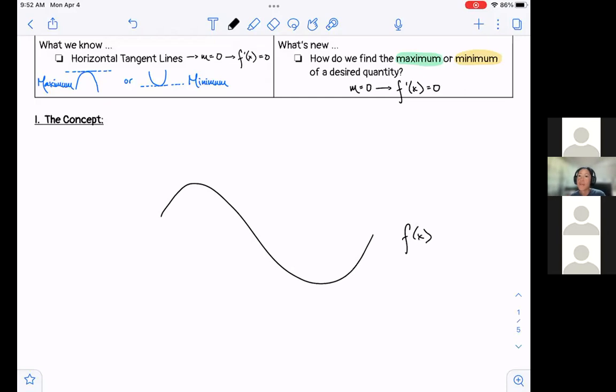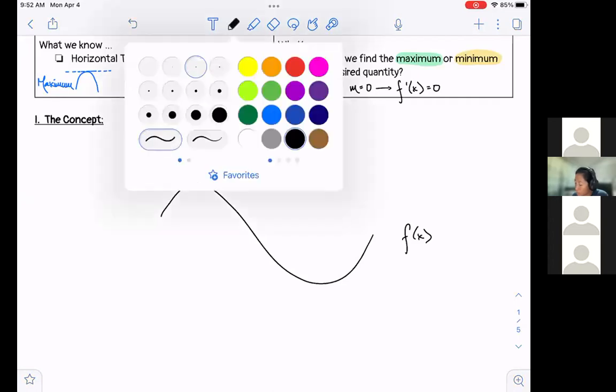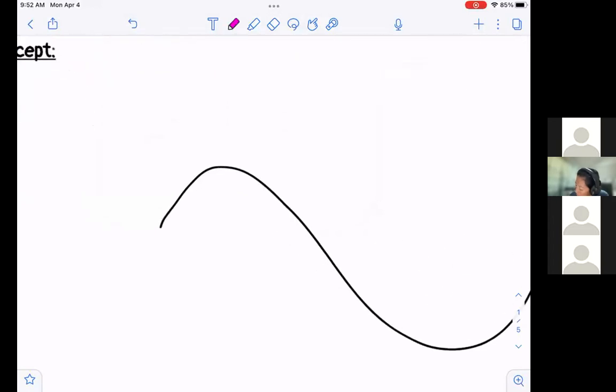All right. And in this function, how many maximums do I have? All right, one maximum, great. And how many minimums do we have? Yeah, also one, right? We have one maximum, we have one minimum, and it turns out that our maximum might be somewhere along here, like the highest point on that curve.